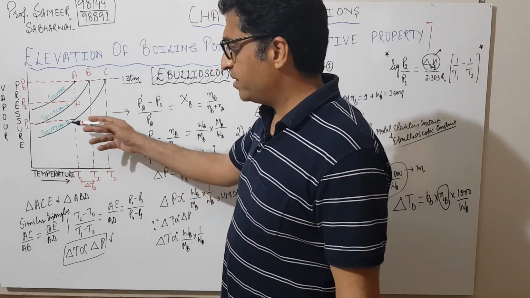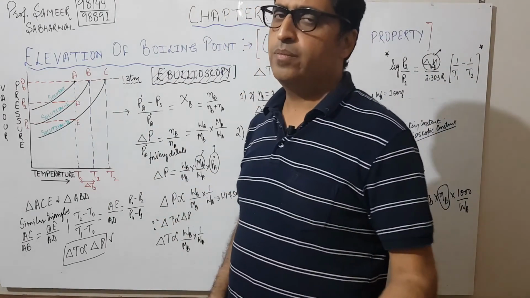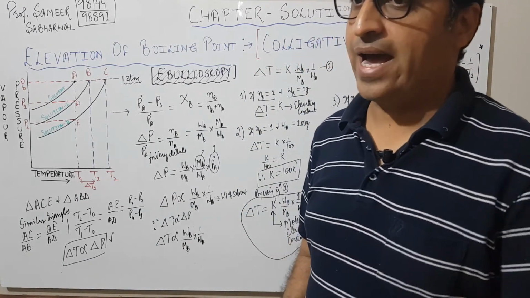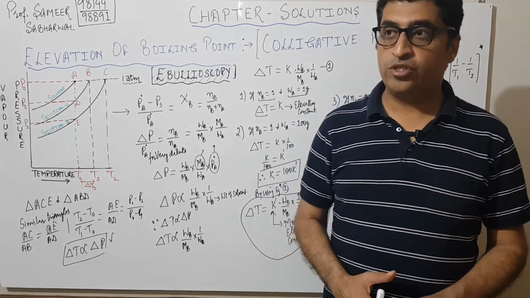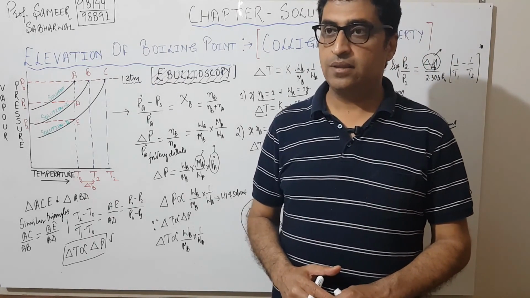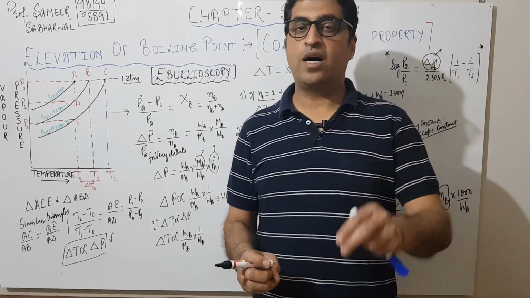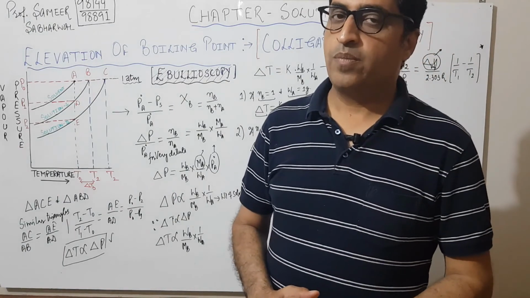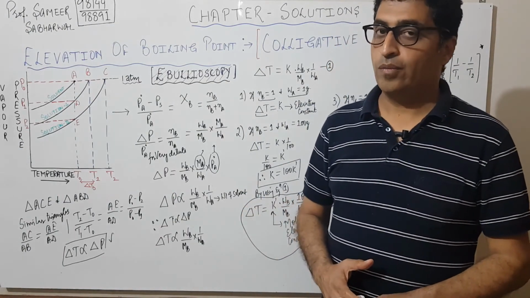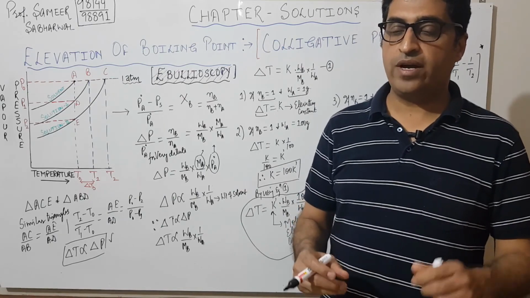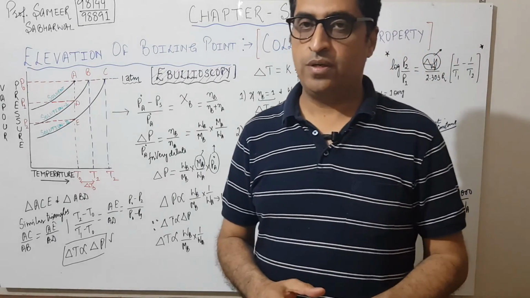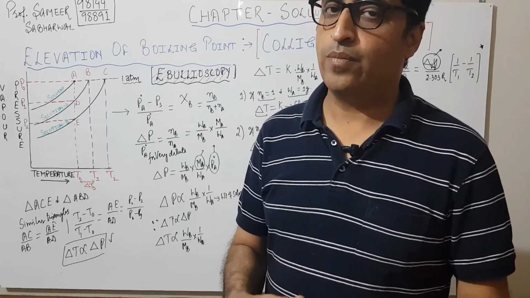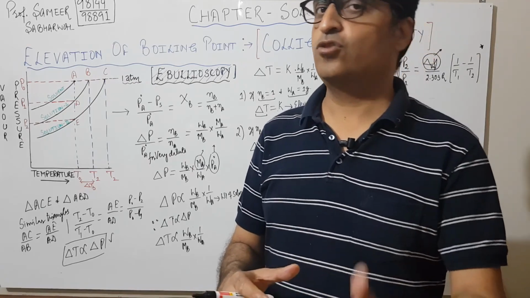In order to make this thing clear, I want to give you a very simple example. You must have seen that whenever we boil eggs, we generally add some non-volatile solute into water. What is the purpose of adding that non-volatile component? Obviously, when we add a non-volatile component to water, we observe elevation of boiling point of that solvent.